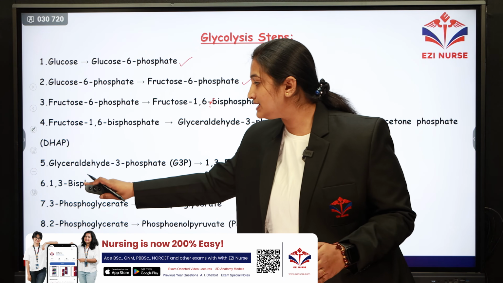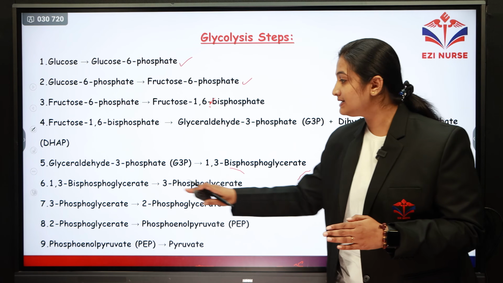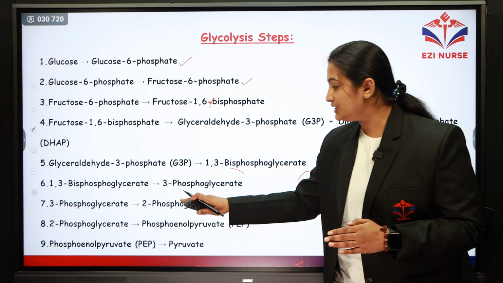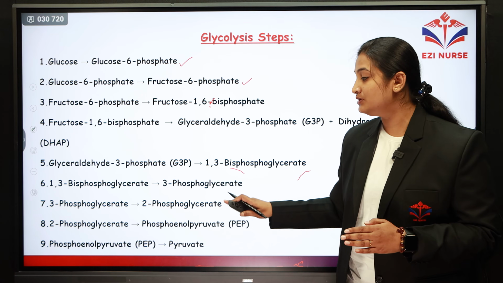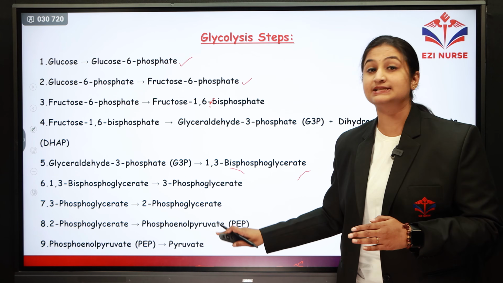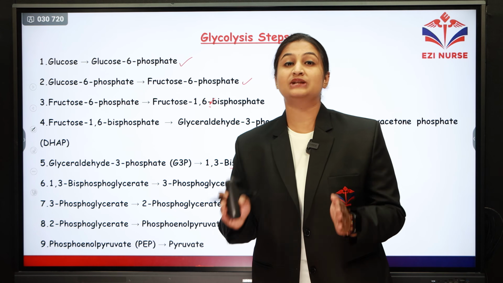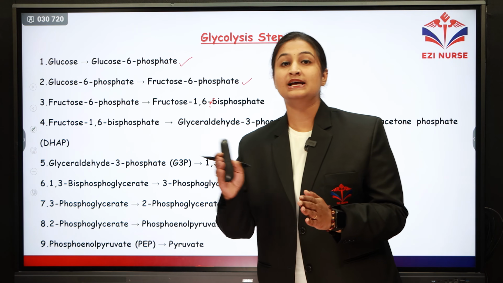Next, the sixth step is 1,3-bisphosphoglycerate into 3-phosphoglycerate, then 3-phosphoglycerate into 2-phosphoglycerate, and 2-phosphoglycerate into phosphoenolpyruvate, and phosphoenolpyruvate is converted in the last step into pyruvate. So in this manner, the glycolysis steps happen.